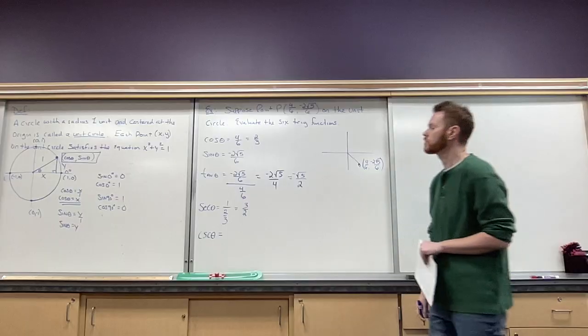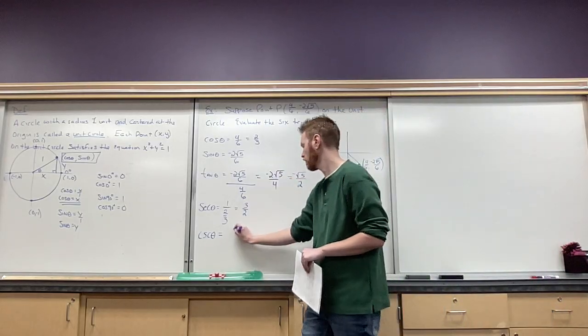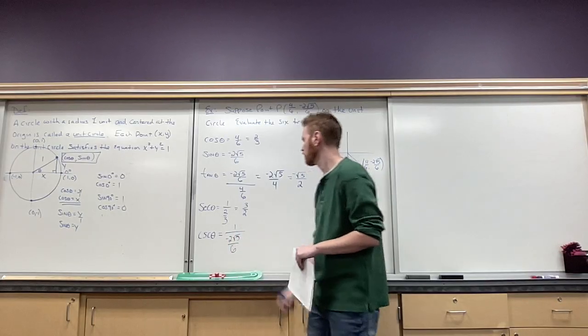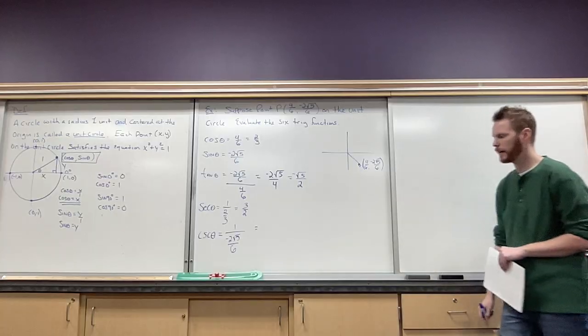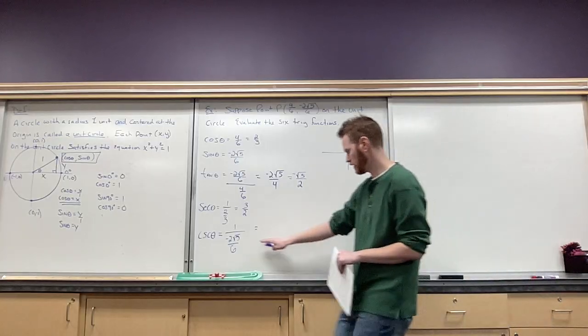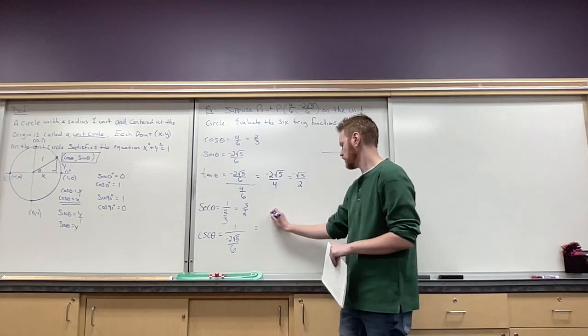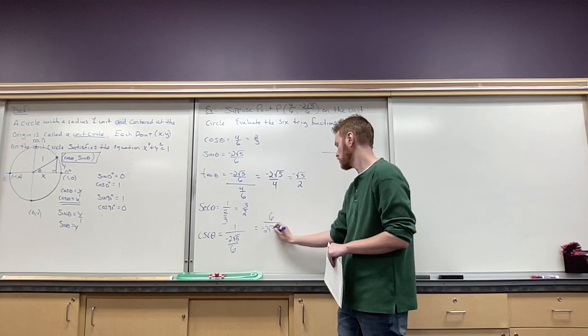Okay. So cosecant of theta is 1 over sine of theta, so 1 over this guy. So yeah, we're going to have to do a little bit of simplifying there. So this is going to be 6 over negative 2 times the square root of 5.